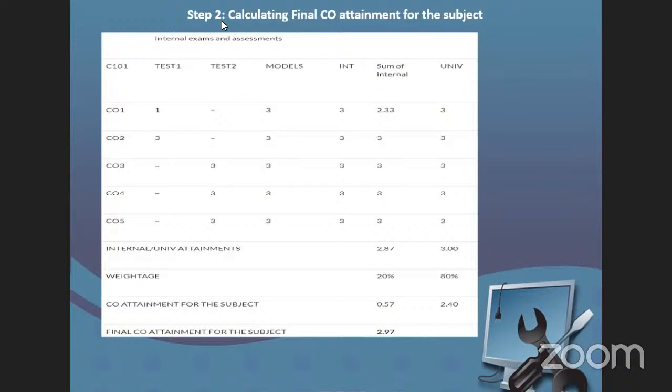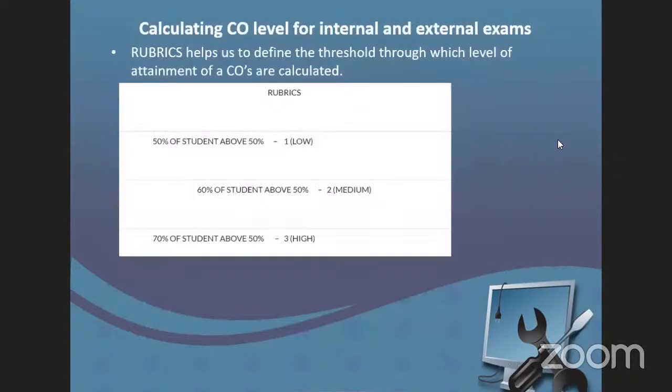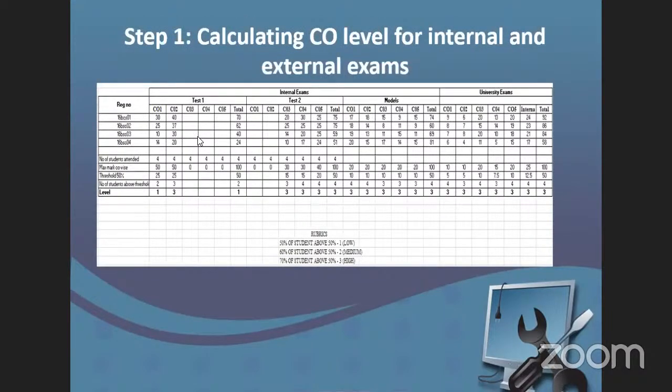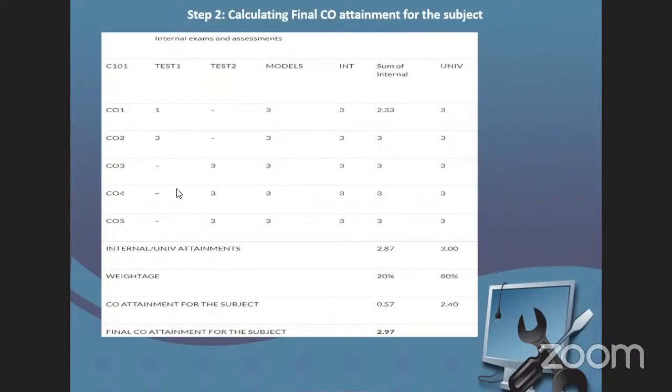Then for all the question papers that you define, you have to mention the COs at the end. Then you have to fix the rubrics. According to the rubrics, you have to evaluate the CO levels 1, 2, 3. Then you fix the rubrics in the table. And finally compute it as 20% internal, 80% external. Together, I add the sum up and give the CO attainment for the subject.